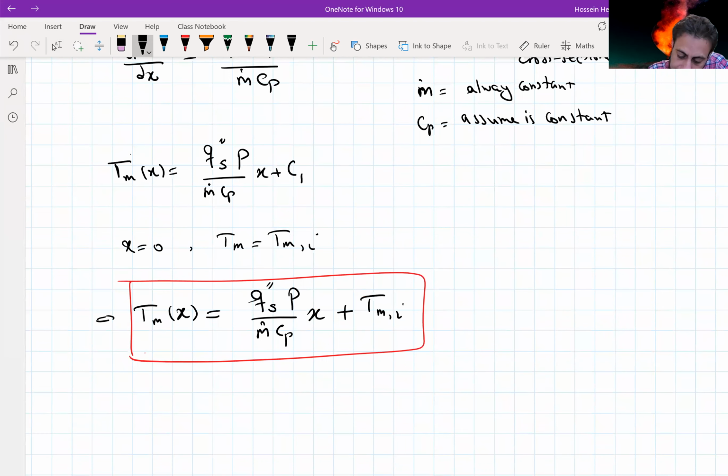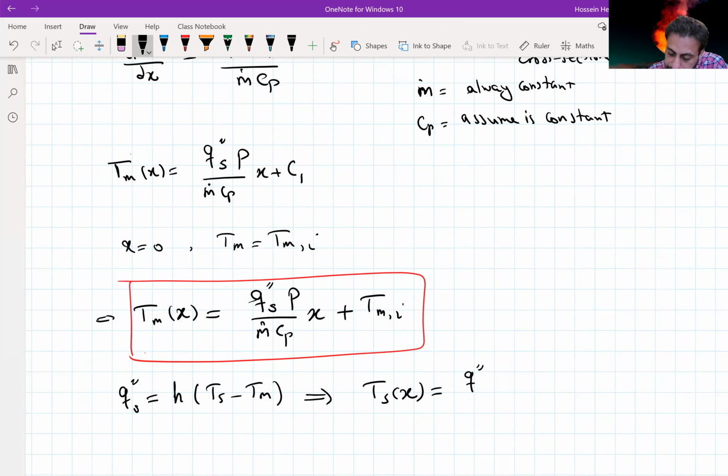I can use the convective flux, h (Ts minus Tm), to find the tube surface temperature: Ts equals q double prime s divided by h, since q double prime s is constant, plus Tm of x.